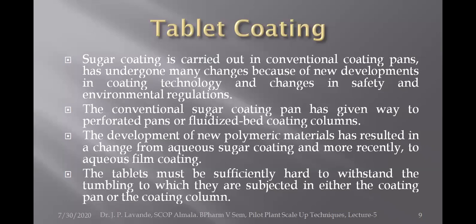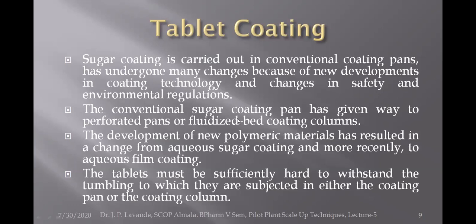So safety is also one major concern which is to be considered during the scale up, and by considering that at the top, that is human health, the modifications that will occur, we need to understand and consider. The conventional sugar coating pan has given way to perforated pans or fluidized bed coating columns.